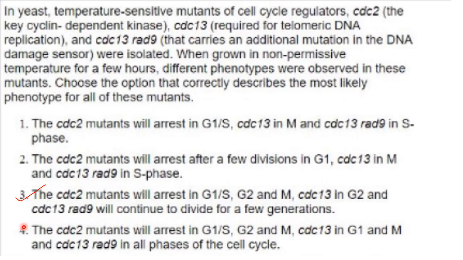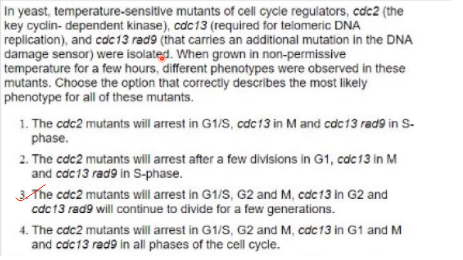Then next one. In yeast, temperature sensitive mutants of cell cycle regulators CDC2, the key cyclin dependent kinase, CDC13 required for telomeric DNA replication, and CDC13 Rad9 that carries an additional mutation in the DNA damage sensor were isolated.